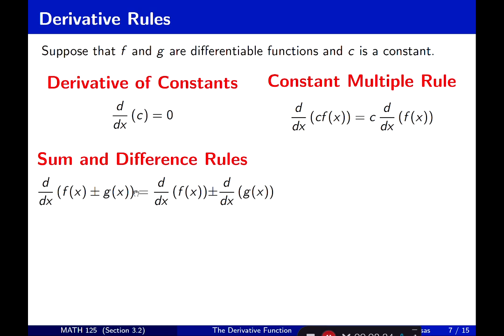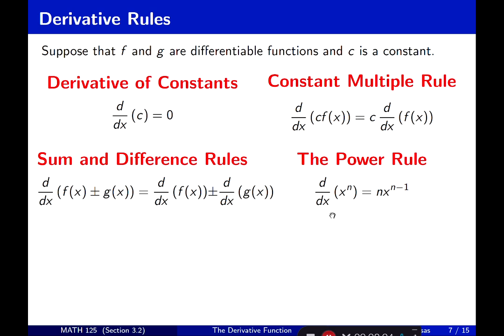And so what does it say? I'm not going to show it like I did for those two, but this one is saying that the derivative with respect to x of the sum or difference function f of x plus or minus g of x is equal to the derivative with respect to x of f of x plus or minus the derivative with respect to x of g of x. And again, you can use the limit laws to prove that.